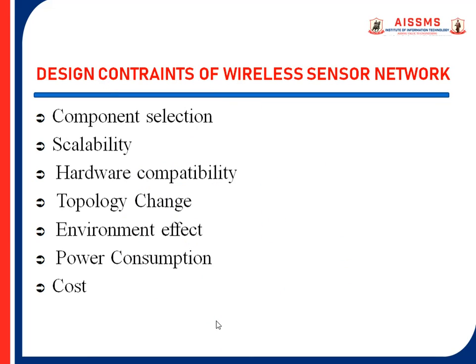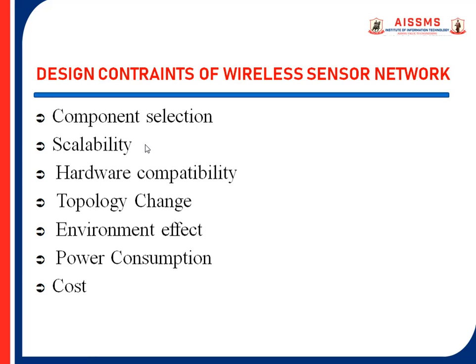Design constraints for wireless sensor network are component selection. The component should be selected as per the requirement. Scalability: sensor networks vary in scale from several nodes to potentially several hundred thousands. The deployment density is also variable.